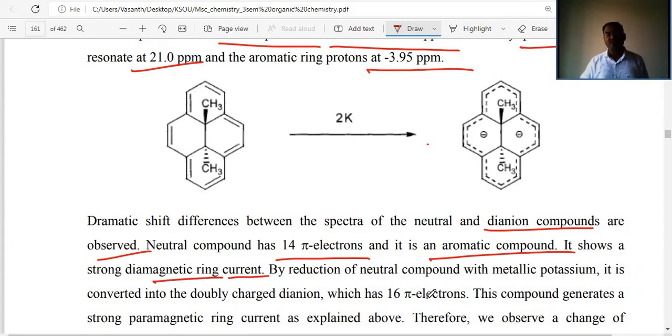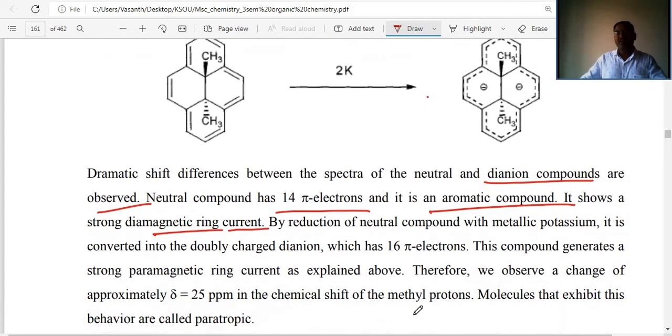By reduction of the neutral compound with metallic potassium, it is converted into the doubly charged anion, which has 16 pi electrons. This compound generates a strong paramagnetic ring current, as explained above.